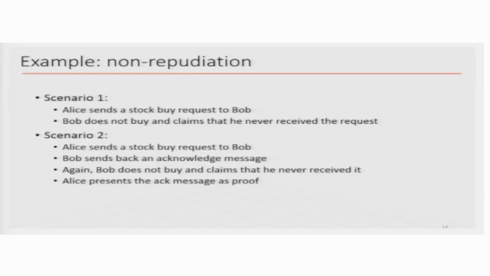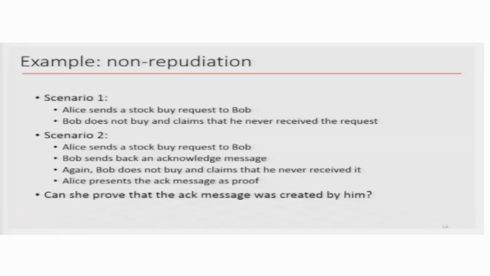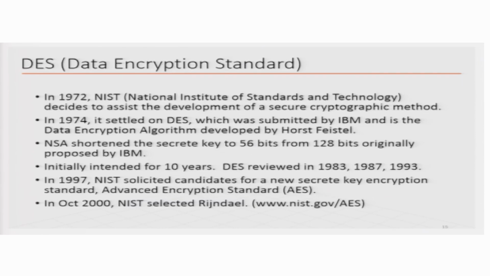In this case Bob has repudiability, but in case the whole thing was done cryptographically, then Bob could not have done repudiation unless he claimed that his key was stolen, which is another issue outside this scope. In a court of law, under these circumstances, Alice cannot prove that the acknowledgement message was indeed from Bob. So that is about non-repudiation.